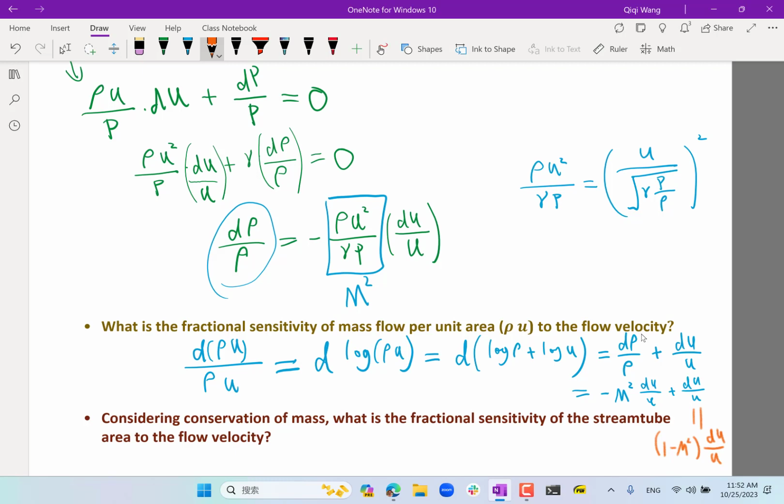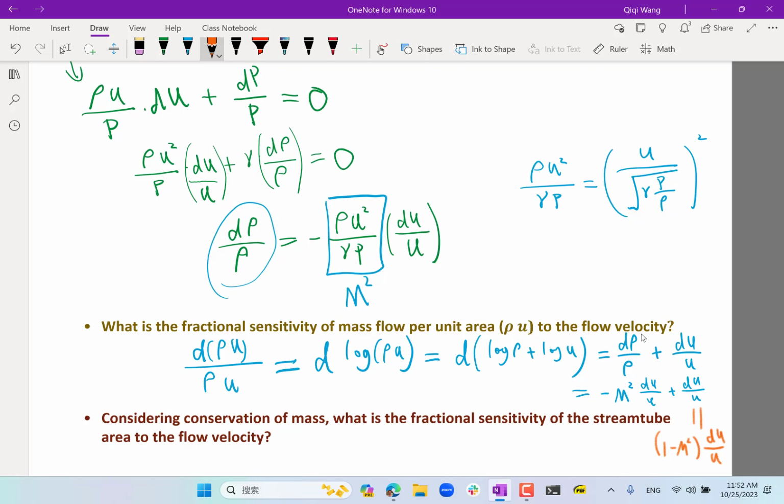Okay, that also means, think back on the wind tunnel case. If the area decreases by 1%, that means not velocity has to increase by 1%, but the mass flow per unit area has to increase by 1%. Okay, that means at a Mach number squared of 0.5, the velocity has to increase by how many percent? If the area decreases by 1%, 2%, right?